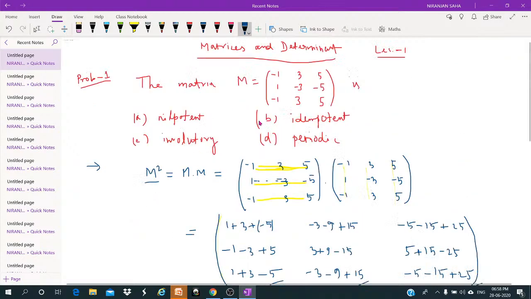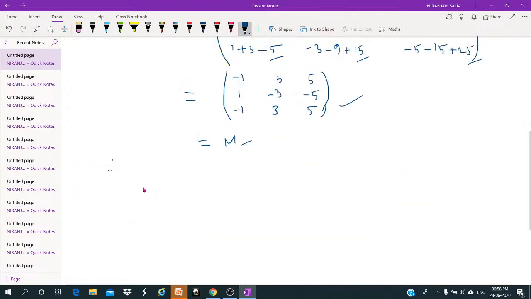Therefore, B option is correct. So it is an idempotent matrix.